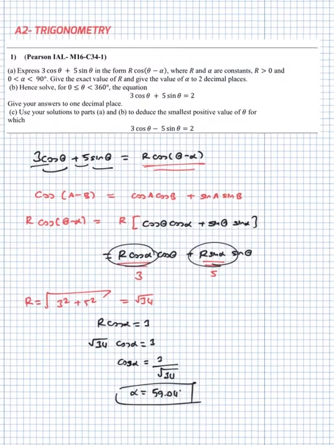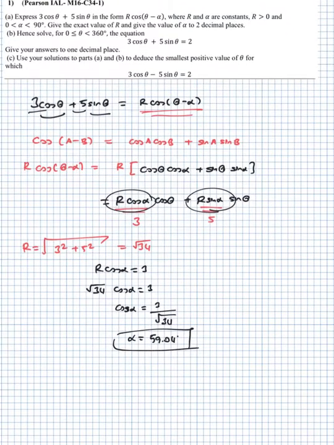In the second part of the question, we are asked to solve an equation that is 3 cos theta plus 5 sin theta is equal to 2. So here what I can do is that instead of this expression 3 cos theta plus 5 sin theta, I can use the other expression that we have got here.